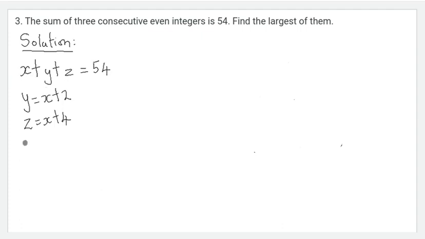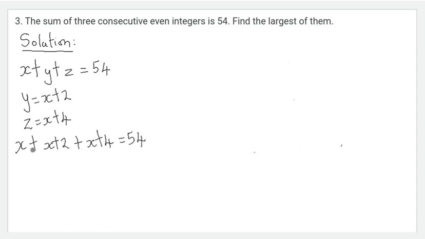So let's substitute these definitions in terms of x into the equation we have here. We're going to have x plus x plus 2, I didn't put it in brackets so that we can go straight to the point, and then z is x plus 4, and all this will give you 54. So you collect like terms.